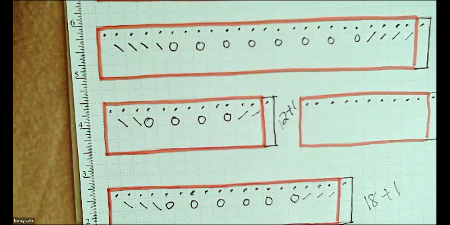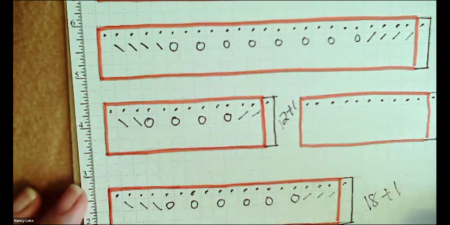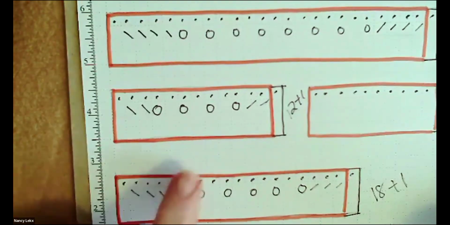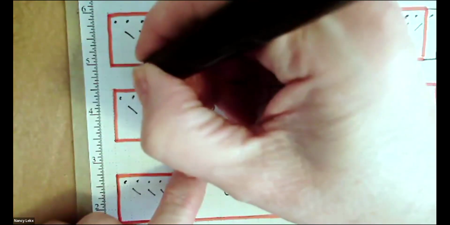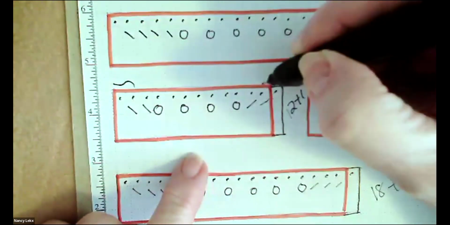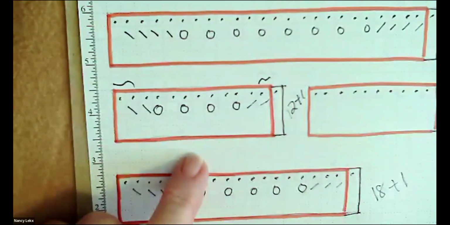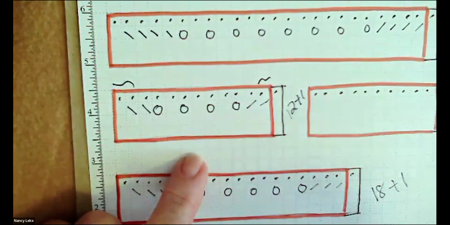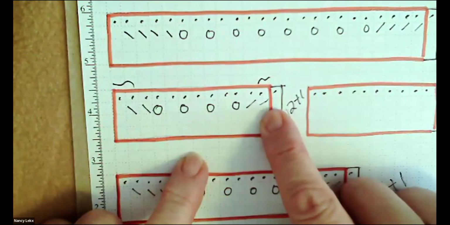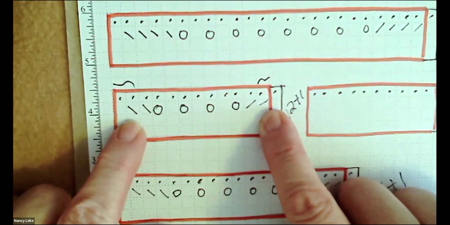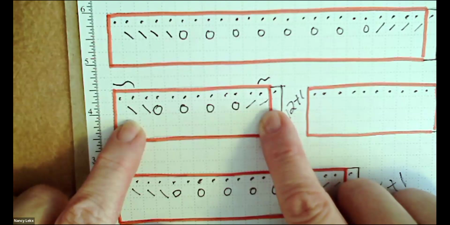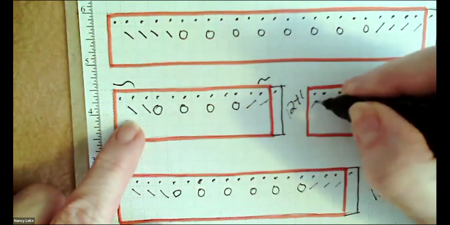You can play around with it a little more. So I'll go back to the 12 plus 1. You can combine 1 decrease, a plain stitch, and a decrease into an SSK. So we'll put the SSK at the end.